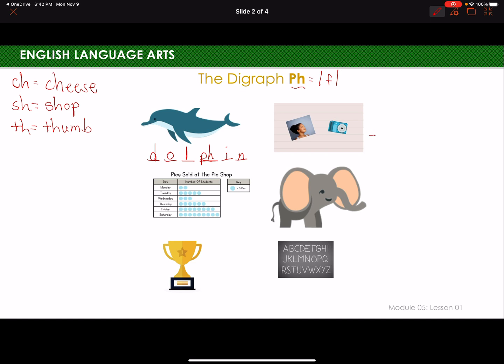Over here we have a photo. The f sound in the word photo is made by the PH digraph. This is how you write the word photo.